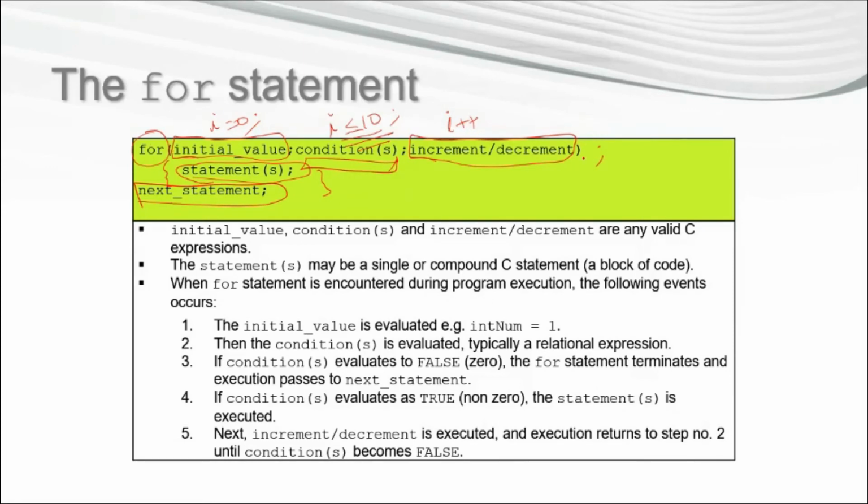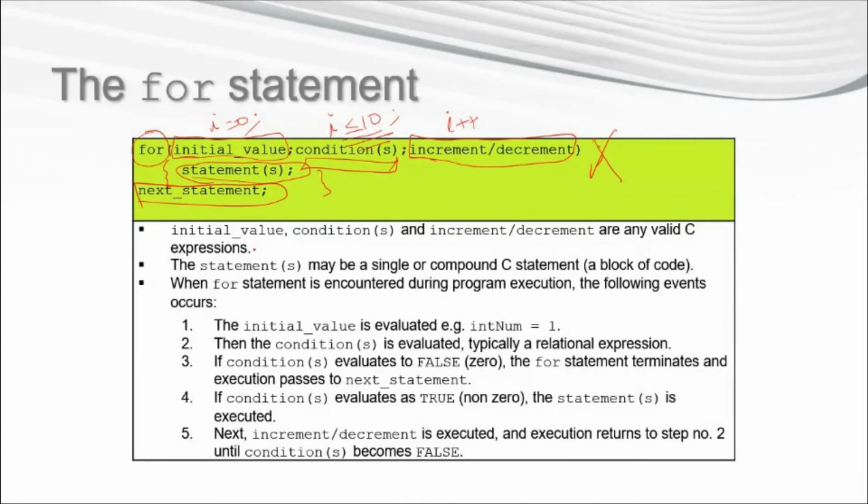If you put a semicolon there, the line of code will treat the for statement as a for loop with no statements inside it. So you should not put a semicolon here unless you want the loop to run without executing any specific statements.